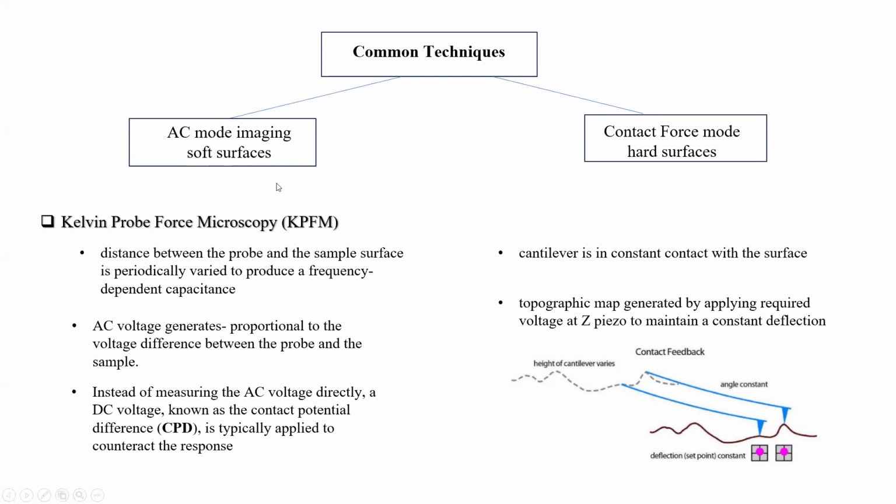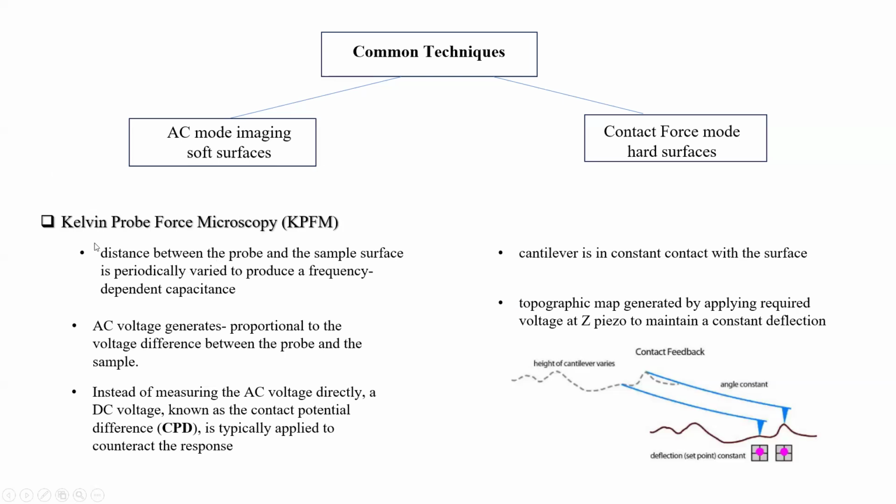On the other hand, AC mode imaging is somewhat tapping, so it touches the surface at times and it goes away from the surface at times. So it's not in constant contact with the surface.